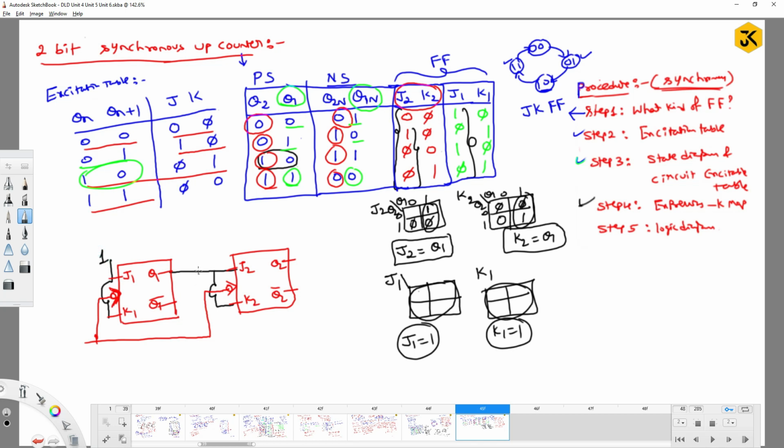Note the outputs as Q1 and Q2. This is the corresponding circuit diagram for the 2-bit synchronous up counter. I hope you understood clearly. Thank you.